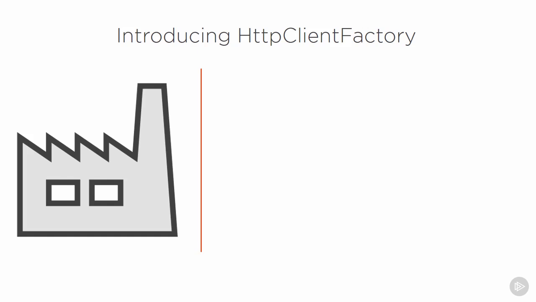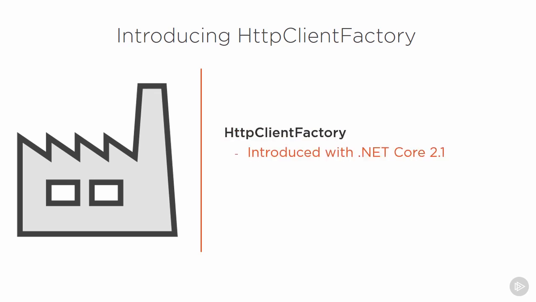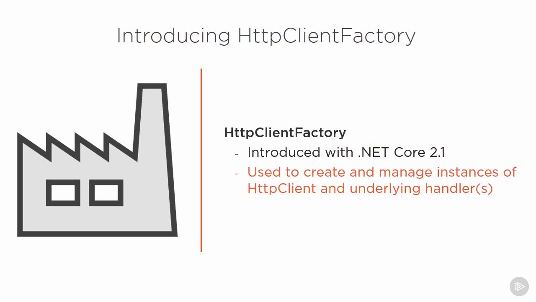To solve the two problems we just looked into, HTTP Client Factory was introduced with .NET Core 2.1. It's this factory that's used to create and manage instances of HTTP client and the underlying handlers. We'll look into how to use it right after this, but first let's learn how it solves these two issues.